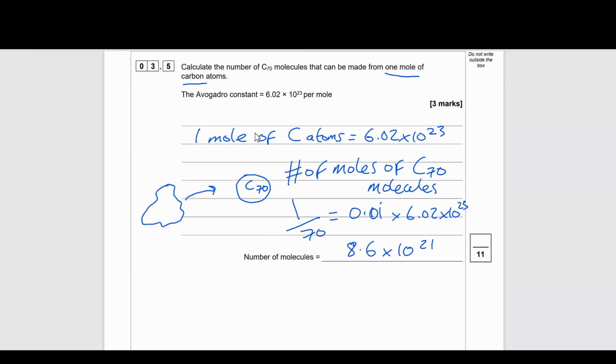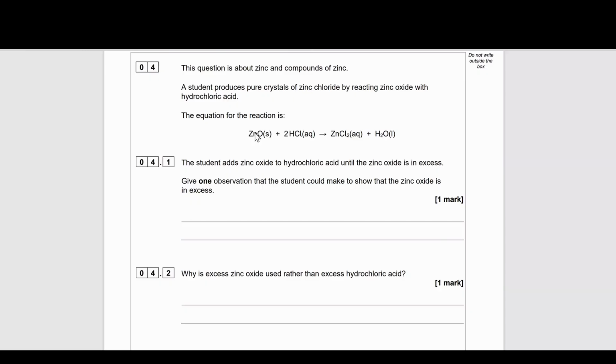Question 4. This question is about zinc and compounds of zinc. A student produces zinc chloride by reacting zinc oxide with hydrochloric acid. The equation for the reaction is shown. Student adds zinc oxide to hydrochloric acid until the zinc oxide is in excess. Give one observation that the student could make to show that the zinc oxide is in excess. So one observation, meaning one thing that they can see to determine, okay, the zinc oxide is in excess.